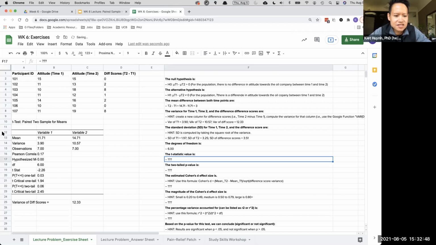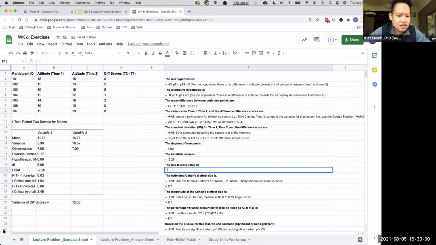T statistic says T stat here, so it's negative 2.26. The two-tail p-value, p one-tail, p two-tail, the two-tail p-value is 0.06.